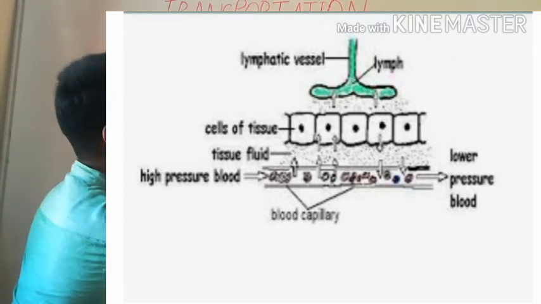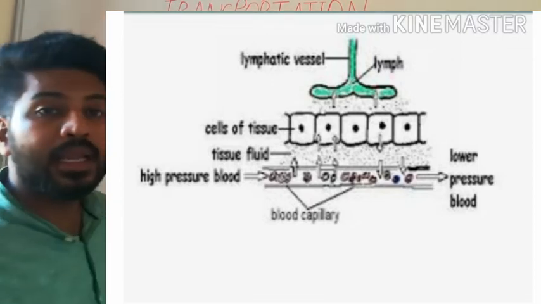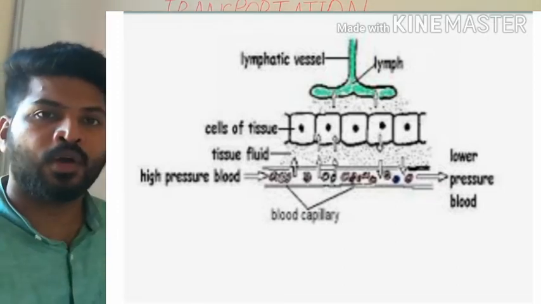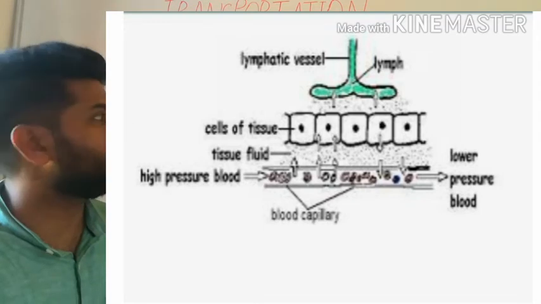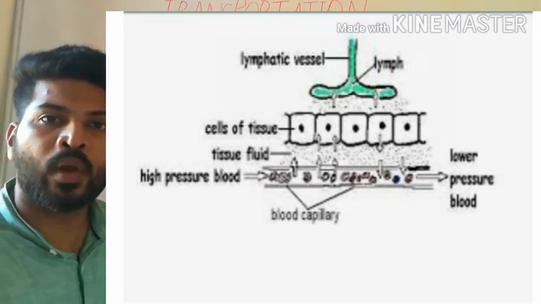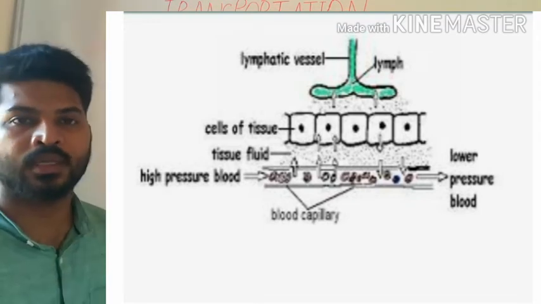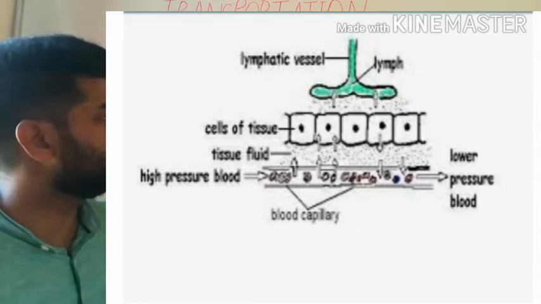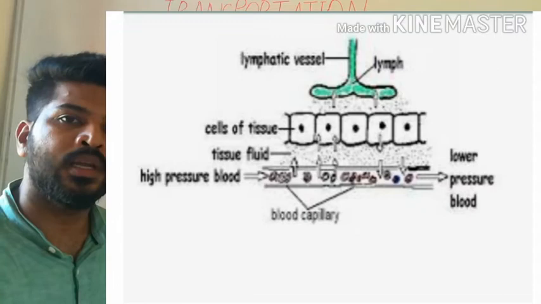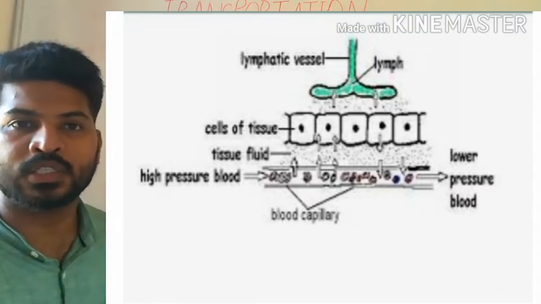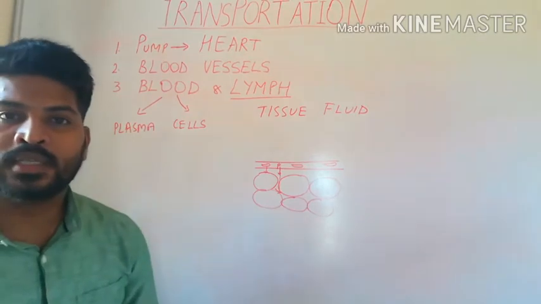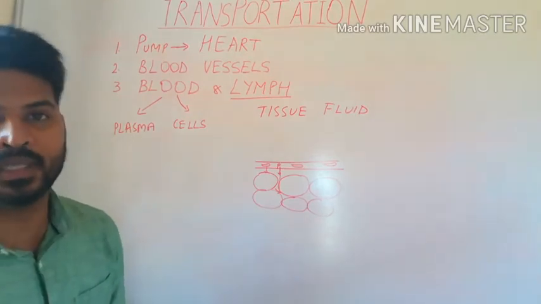This is what is known as tissue fluid or intercellular fluid. This tissue fluid is then carried by the lymphatic vessels and forms the lymphatic system. The digested fats are absorbed and stored in the lymph, which needs to be transported to different parts of the body. The second component of the circulatory system is the blood vessels.